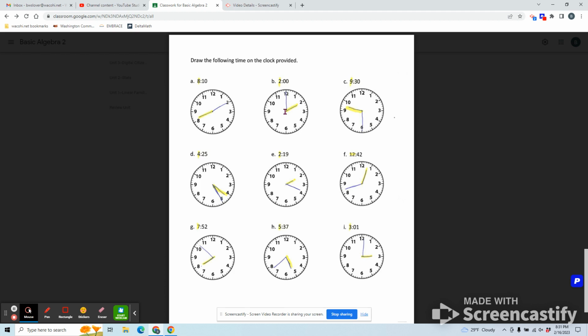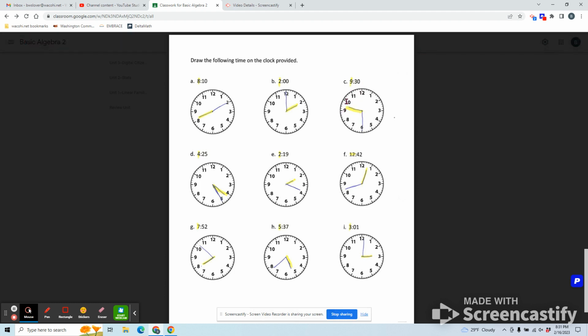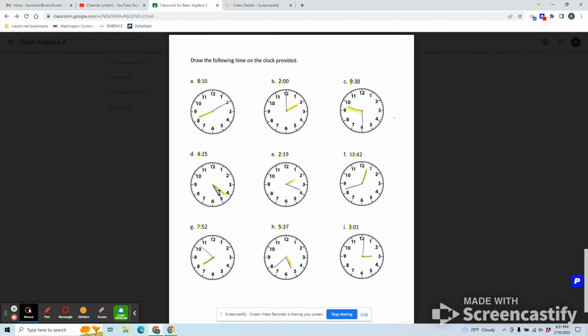So hour's at 2, minute hand is at the 12 because it's the start of the hour. 9:30, the hour hand should be right in between the 9 and the 10 because 30 minutes is halfway between the hour. 4:25, your hour hand should be almost halfway between the 4 and the 5, and then your minute hand should be at the 25. So we should be a little bit past 2, and then 19, which is 1 tick mark above the 4.